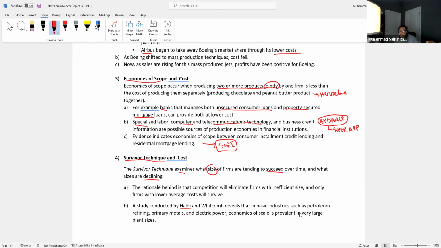GM is a classic example, right? For a long time, GM was expanding their production base. They were producing more cars, but their costs were not going down. They were actually going up.